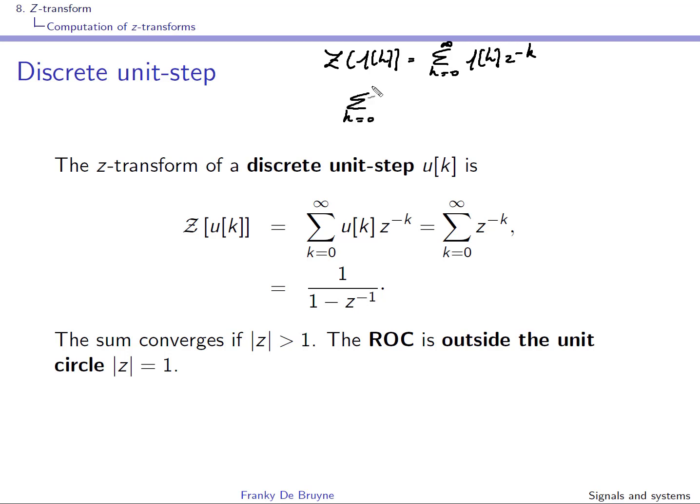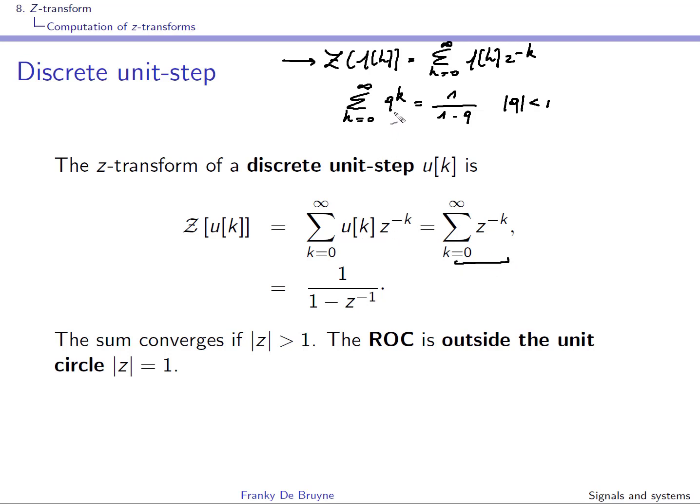It's a sum that ranges from 0 to infinity of q to the power k, and it's 1 over 1 minus q, but we need the assumption that the modulus of q is smaller than 1. So if we use the definition and apply it to the unit step, this is what you obtain. Of course, the unit step is 1 for k positive or 0, so you end up with this expression.